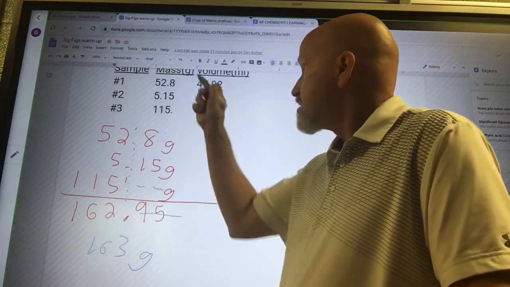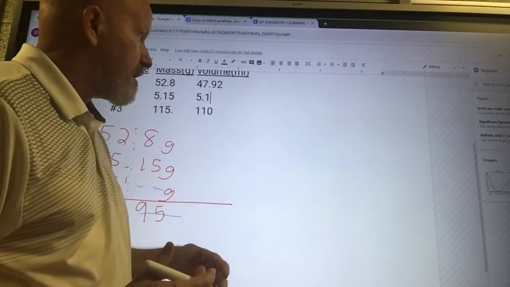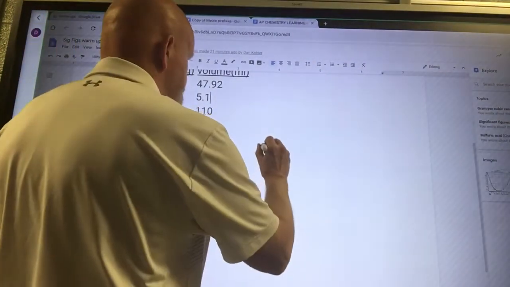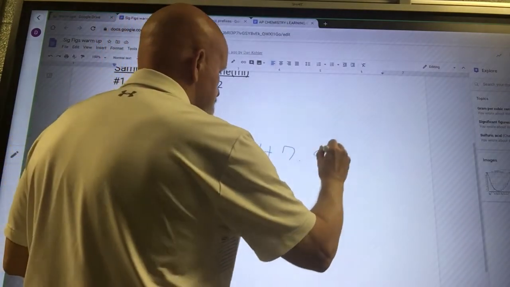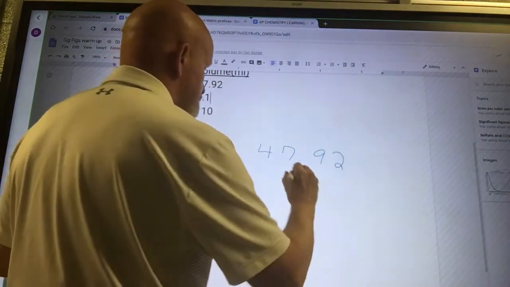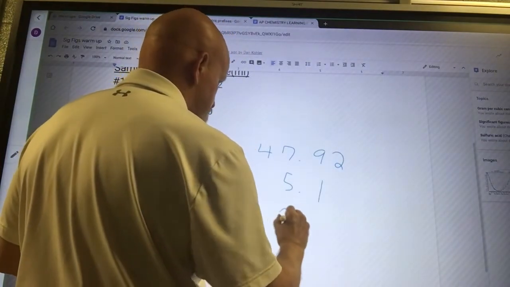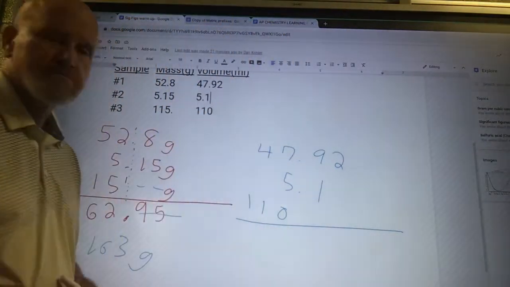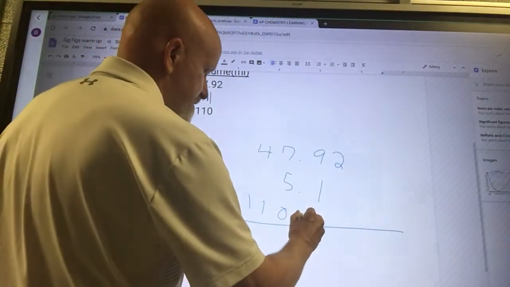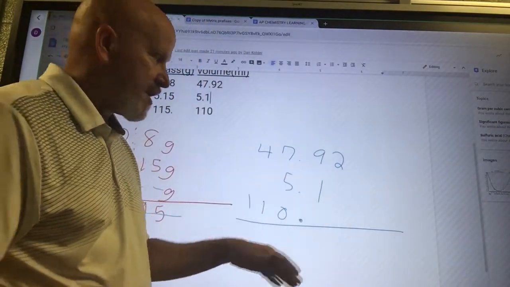All right, now let's take a look at our volume numbers here. Again, I'm going to rewrite this stuff so that I can see where the decimal lines up. Okay, and there's a decimal right there that we don't see. All right, if we take a look at this, we just go ahead and do the math again.